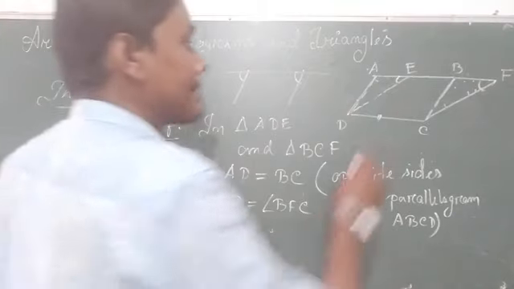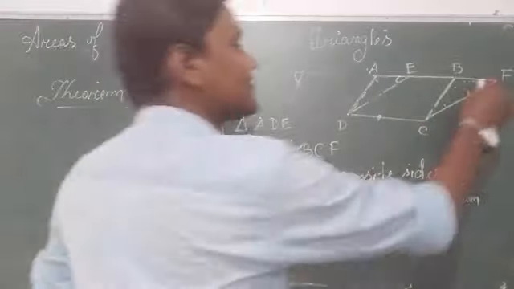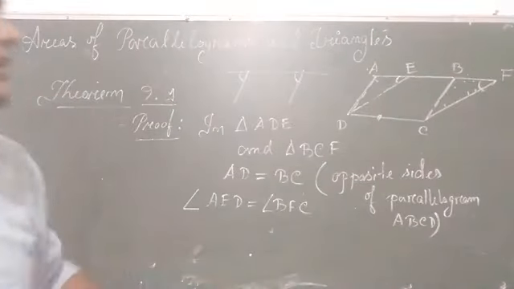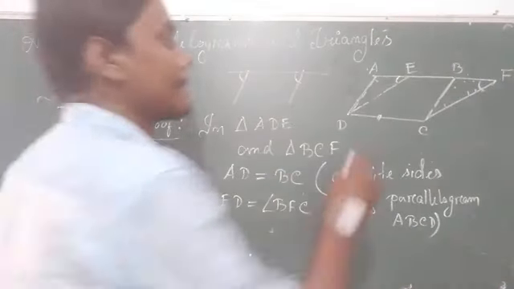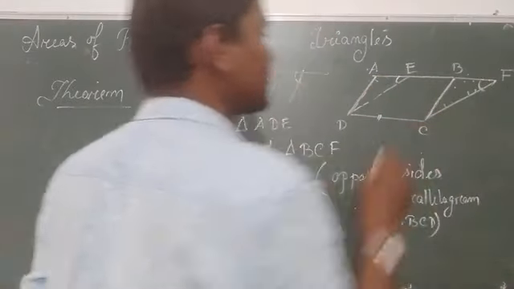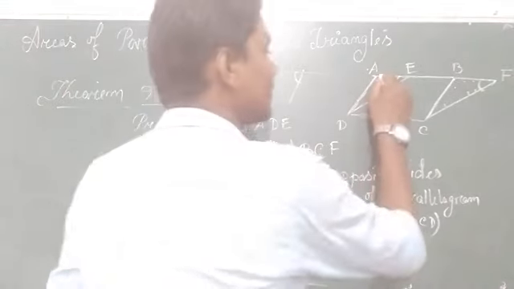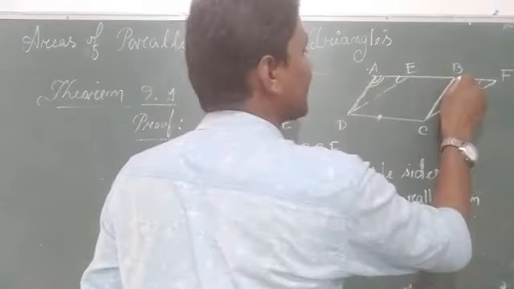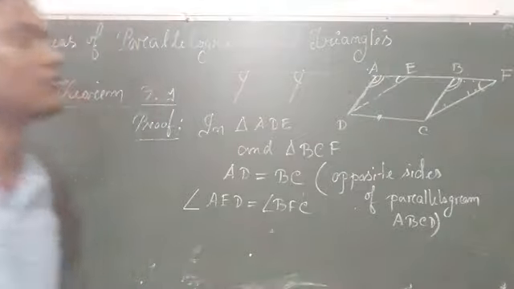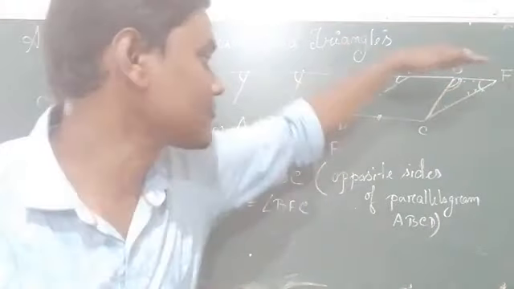After that, again we can see here this angle is equal to this angle. Apart from that, once more you see here this line is also parallel to this line, okay? Then this angle will be equal to this angle. Why? Because this line and this line are parallel and this is the transversal.